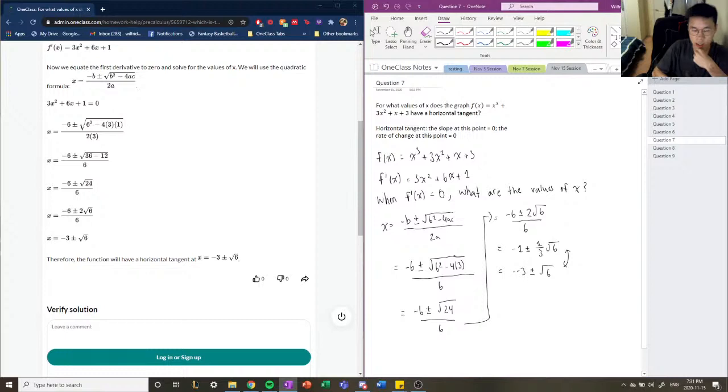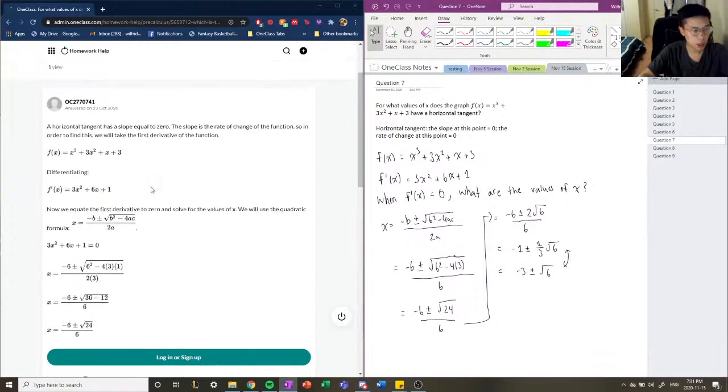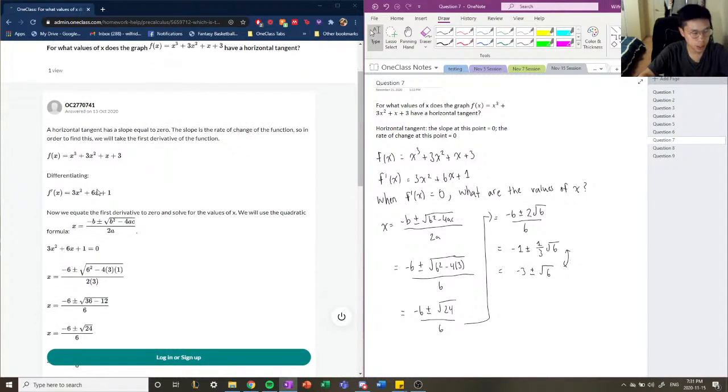So in that case, on the original graph, the x equals -3 plus or minus √6 are the points on the original graph where there's a horizontal tangent, or in this case where the slope of the point is 0, or the rate of change at that point is 0. So this is what the junior tutor wrote. They found the derivative of our function.